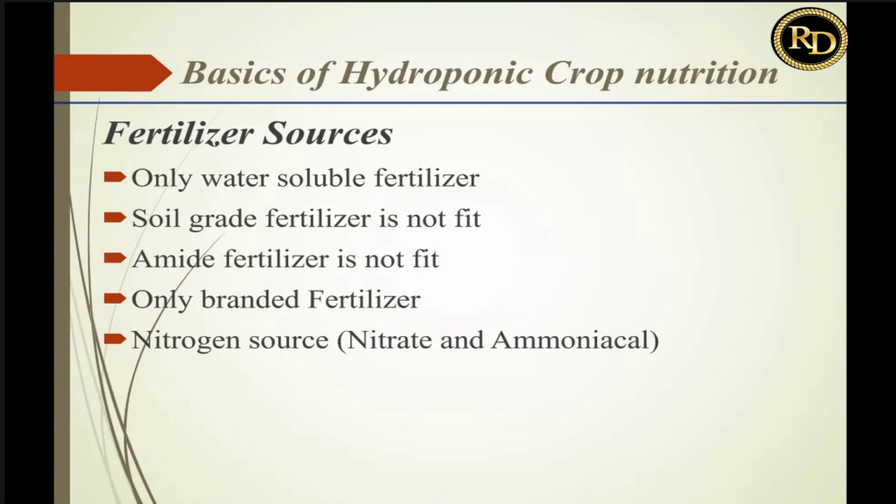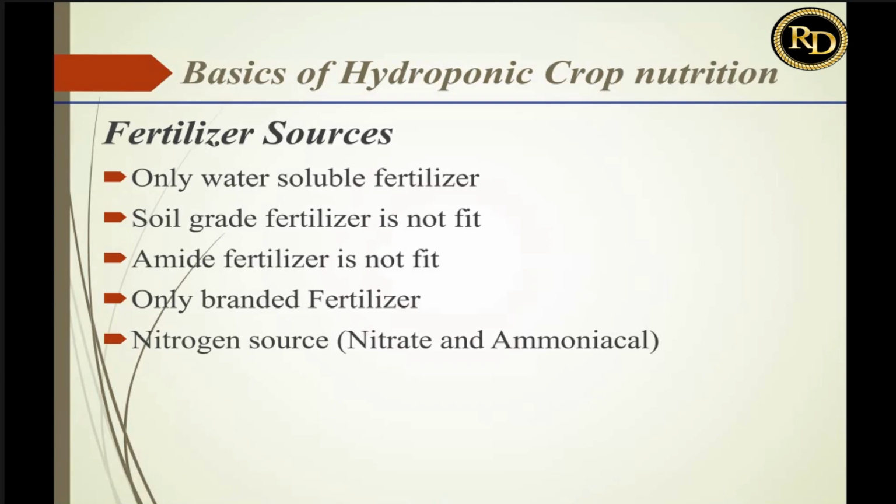So the process they are doing is converting that amide fertilizer into a nitrate or ammoniacal form of fertilizer, because urea in the presence of the urease enzyme undergoes the hydrolysis process and converts from amide to a nitrate or ammoniacal form, and that's how they are getting more efficiency.